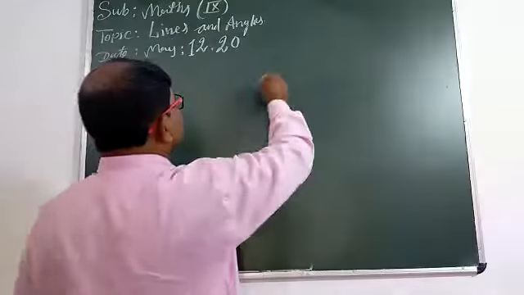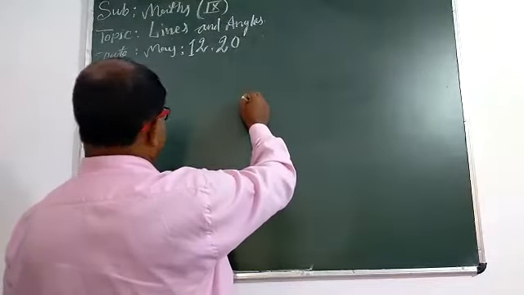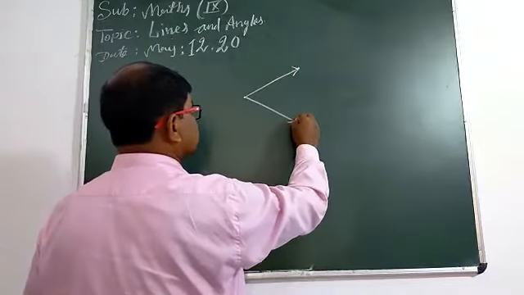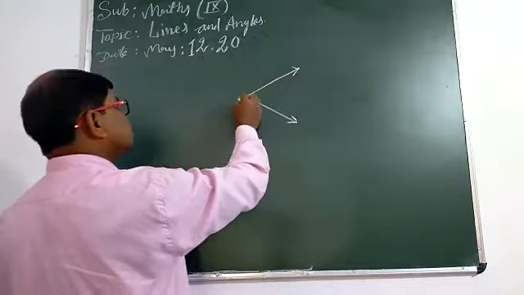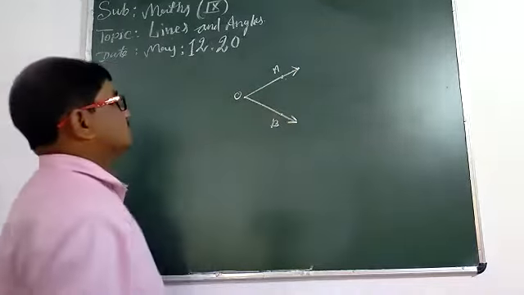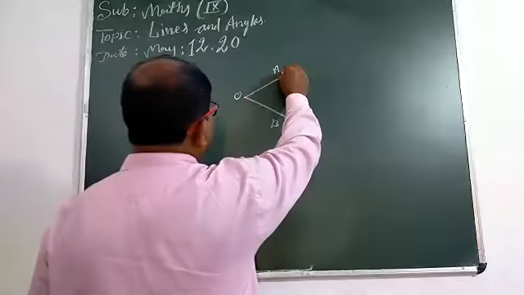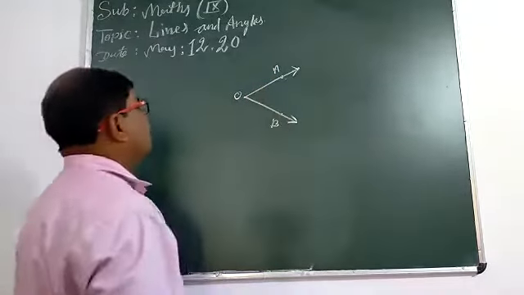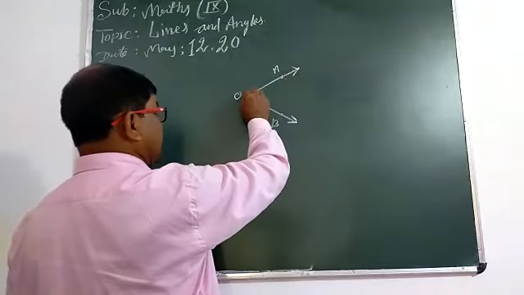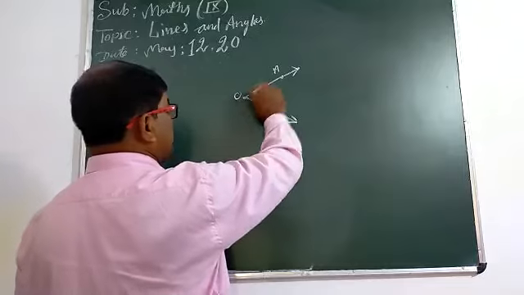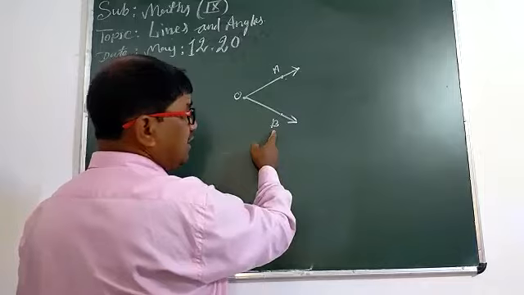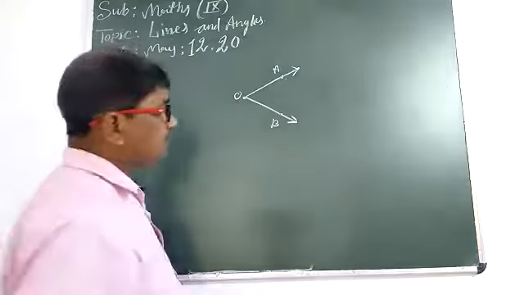Now, students, we should try to understand the angle. This is one ray, OA. This is another ray, OB. These two rays have one end point: the first ray OA, its end point is O; the second ray OB, its end point is O also.